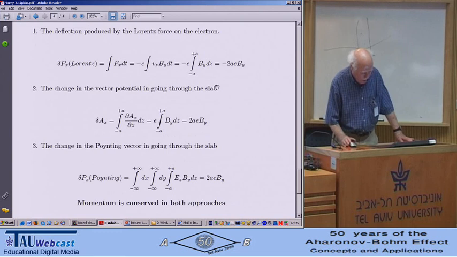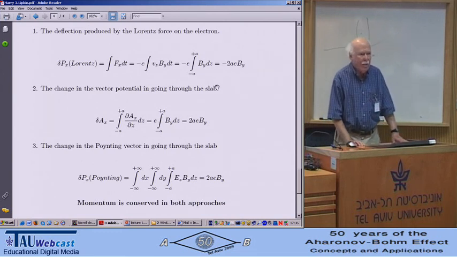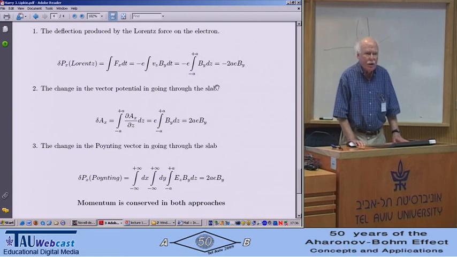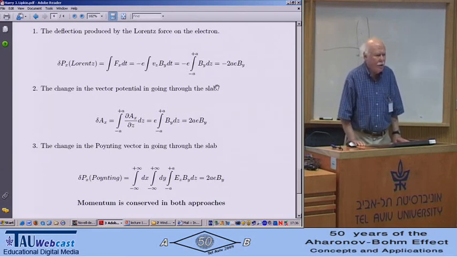That is really the problem, which asks, if you want to say the vector potential is some mathematical device, you can get everything that will be measured without using the vector potential.